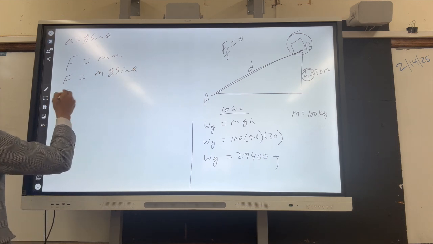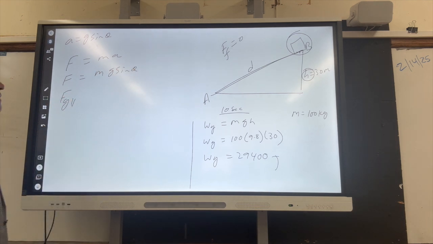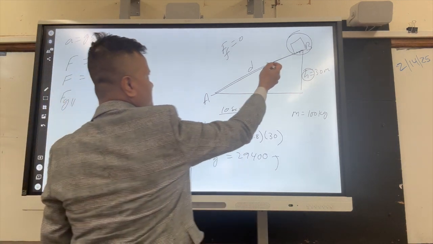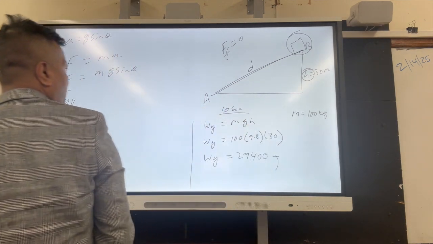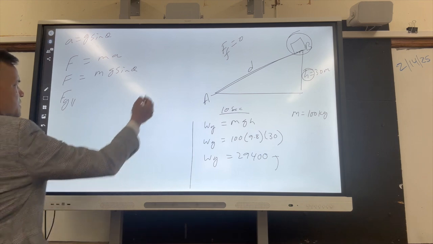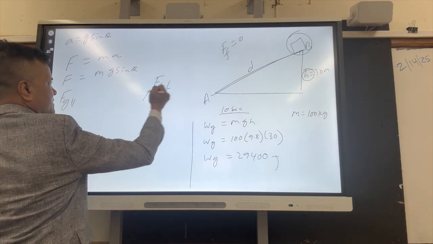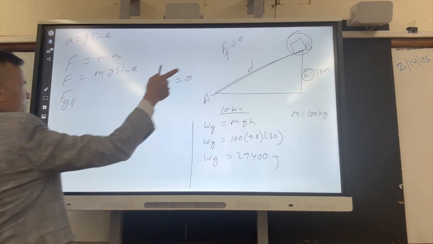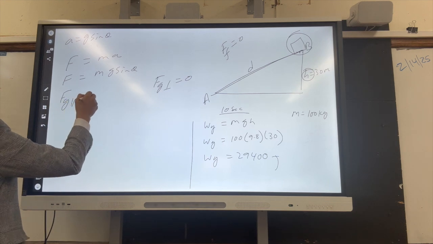Only one component of gravity does work on the mass. This one does zero work on the mass. Only this one does. So mg sine theta.